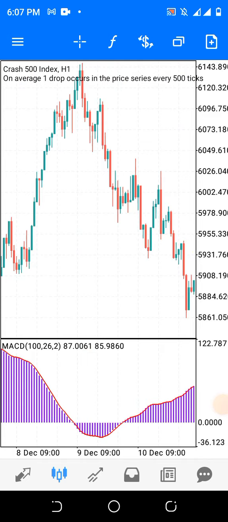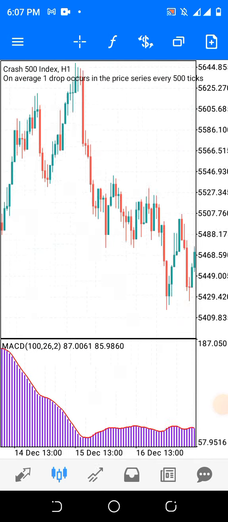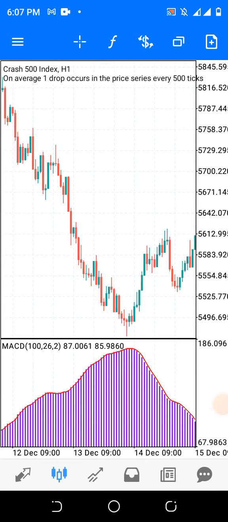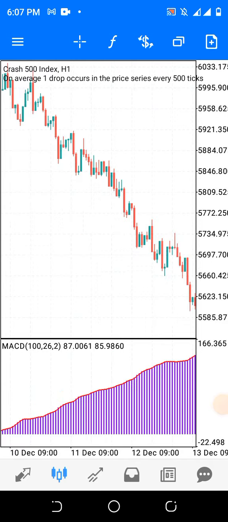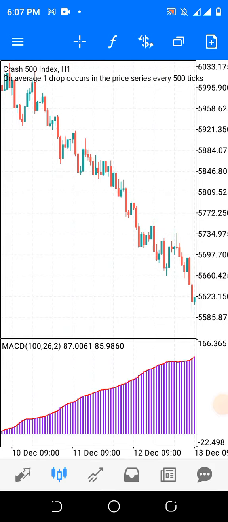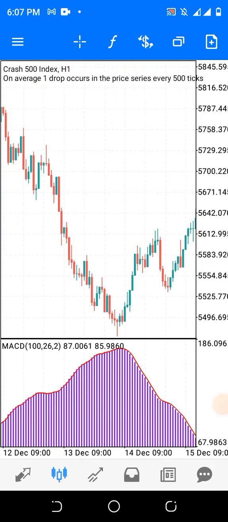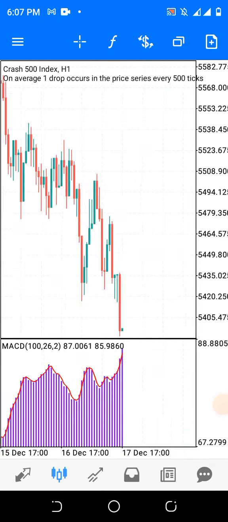Now let me show you how to make consistent profit trading Crash 500 Index. Here the time frame is a 1 hour time frame. What you need is only one indicator, the MACD indicator. MACD indicator, that is the only indicator you need in this particular strategy.